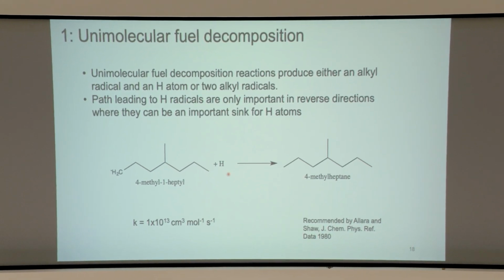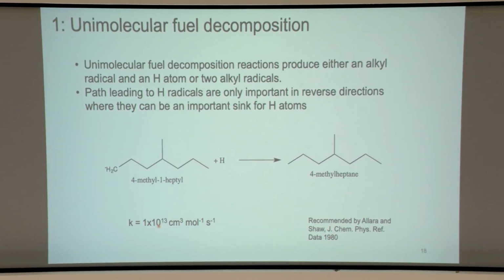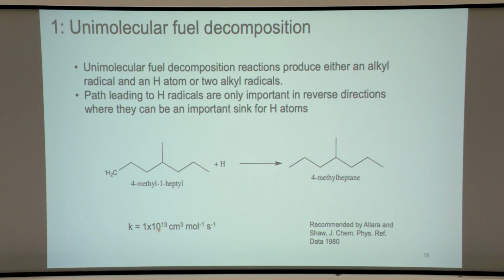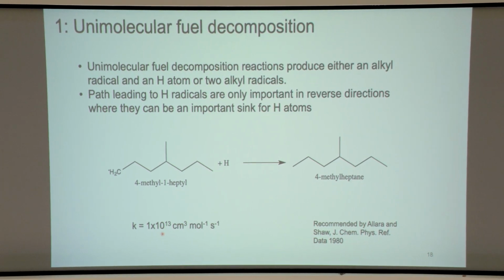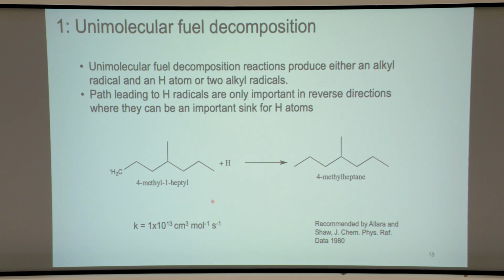Any alkyl radical reacting with hydrogen in a termination reaction has a rate of 1 times 10 to the 13 centimeter cubed per mole per second. This is the K, okay? And you see there's no temperature dependence because radicals want to come together. They don't need any temperature dependence to come together. There's no activation energy either because, again, it's a barrierless reaction.